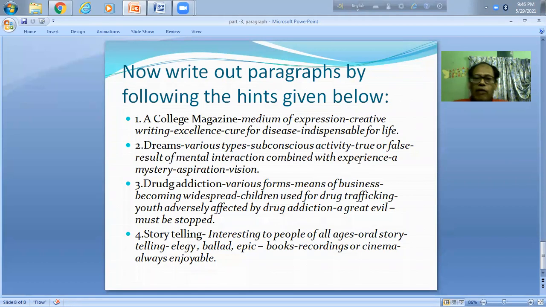Now, write out paragraphs by following the hints given below. Now, I am going to discuss the following paragraphs, how you would like to write them. So, for instance, you have to write about a college magazine.